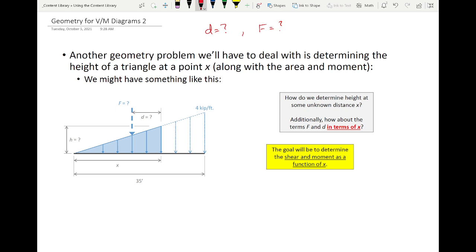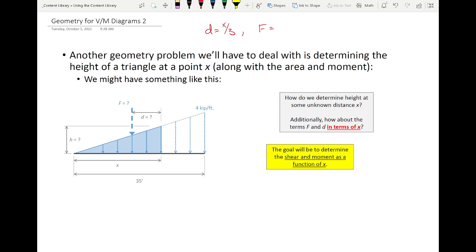Now, if d is x over 3, let's write that here. d is x over 3. What about f? f is the area of this triangle, which is 1/2 of base times height. And I don't know what the height is yet. We're going to figure that out.